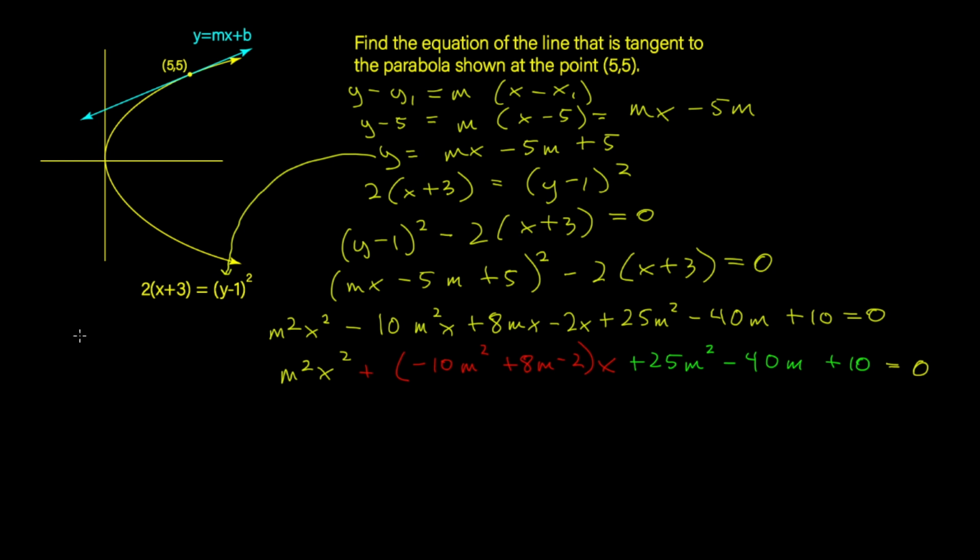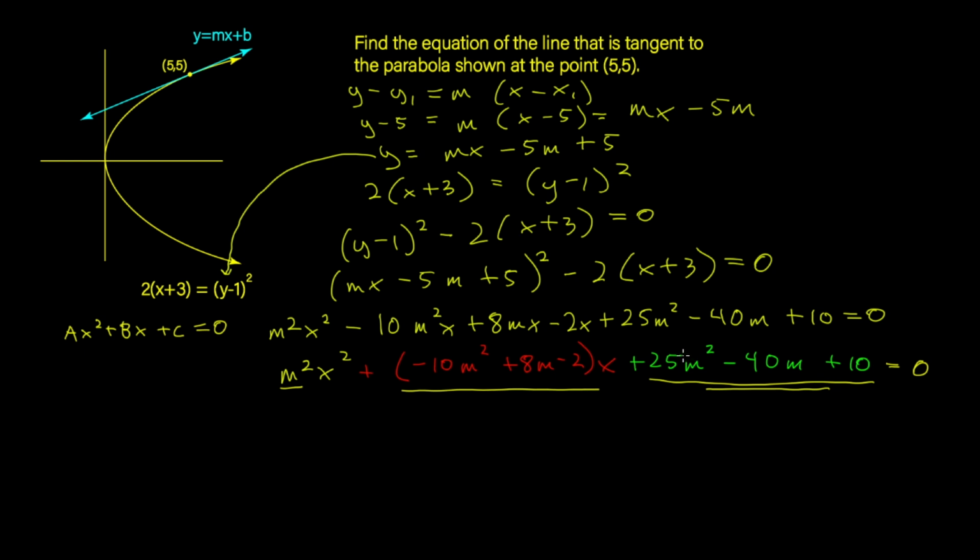So as you know, ax squared plus bx plus c equals 0. You can use the quadratic formula on that. Here's our a. Everything in red is our b. Everything without an x is our c. Make sure you understand that.